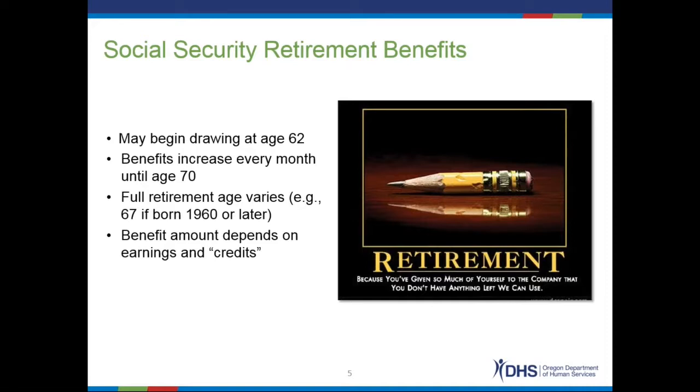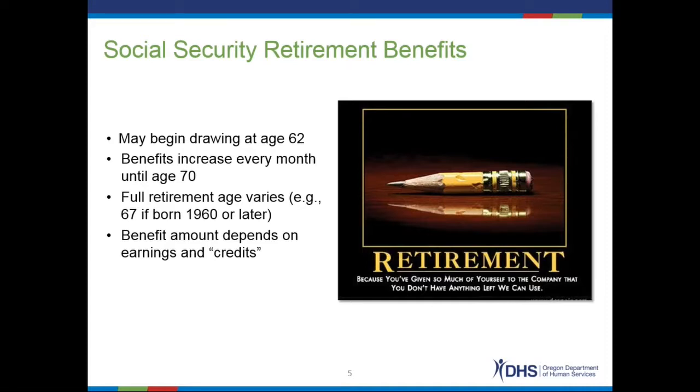Benefits increase about 8% a year, and they increase every month until you turn age 70. So people can leave their retirement benefits in until they age out at 70, at which point they have to take their Social Security retirement benefit. Full retirement age varies.